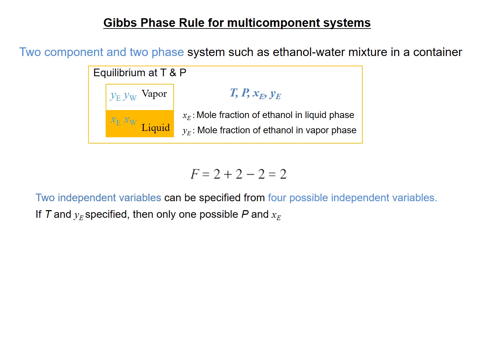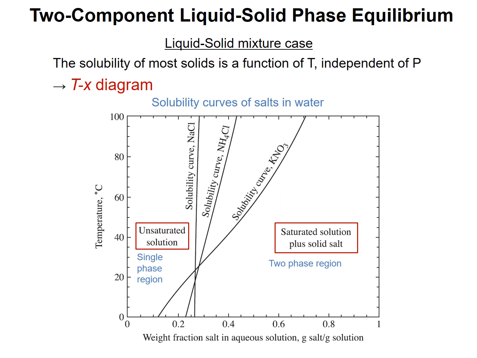So then let's go to the multi-component systems. Two-component liquid-solid phase equilibrium. Here, I'd like to introduce the liquid-solid mixture case. Imagine seawater. We have sodium chloride inside of water.